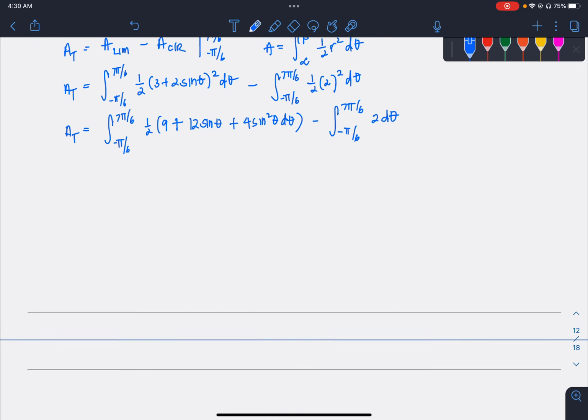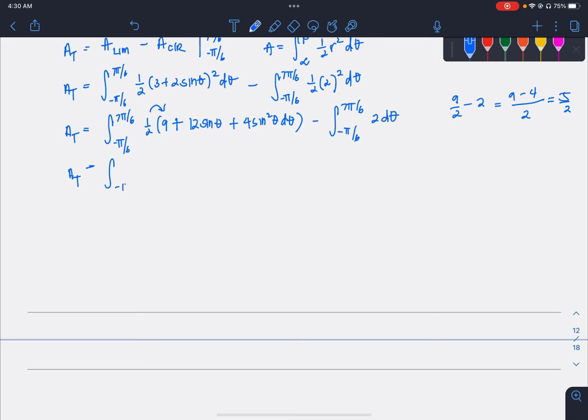Since the boundaries are just the same, we can algebraically add or subtract. So we distribute 1/2. That becomes 9 over 2, but then we have minus 2 here, because they are exactly the same, so we can perform the operation right away. 9 over 2 minus 2: 2 times 2 would be 4, making it 5 over 2.